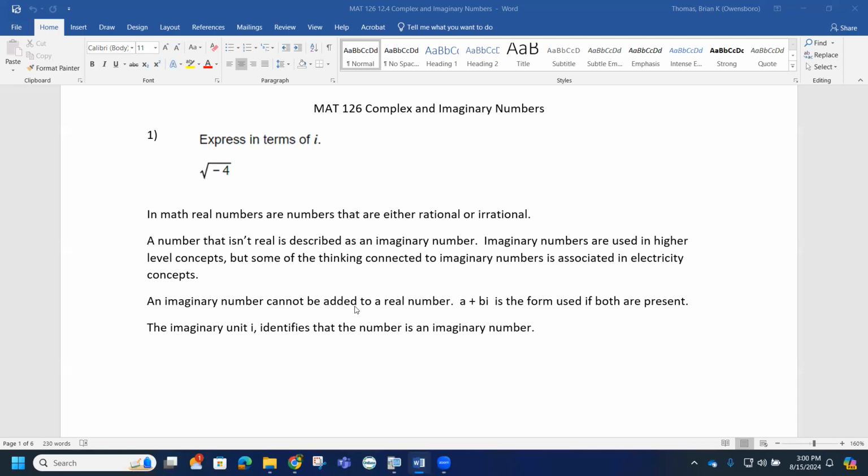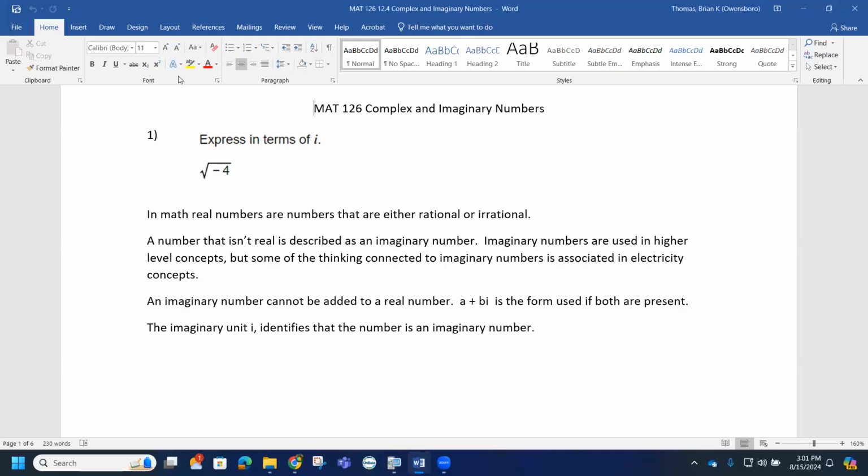An imaginary number cannot be added to a real number. So a plus bi is the form if both are present. a represents a real number and bi represents the imaginary component. The imaginary unit i identifies that an imaginary number is present. So this is where we're getting into what we call complex numbers.